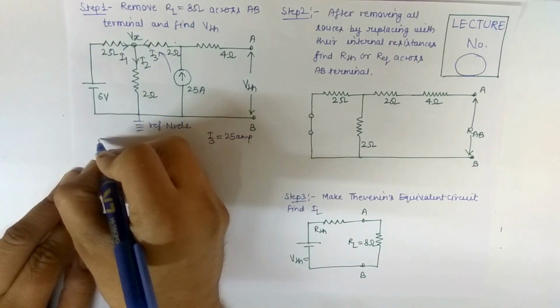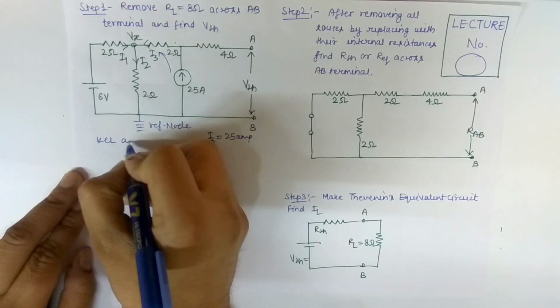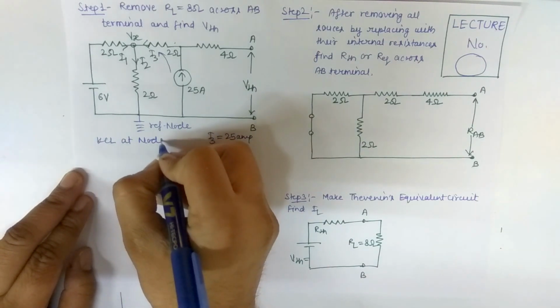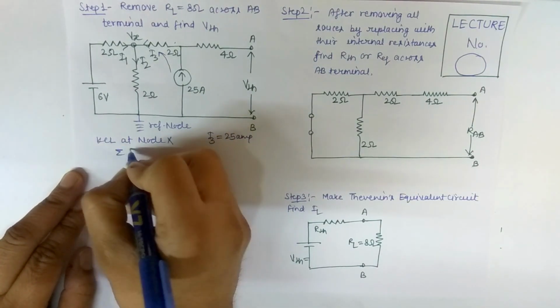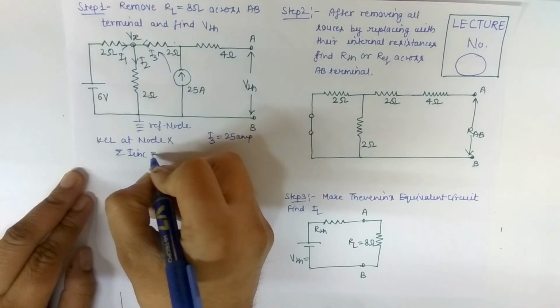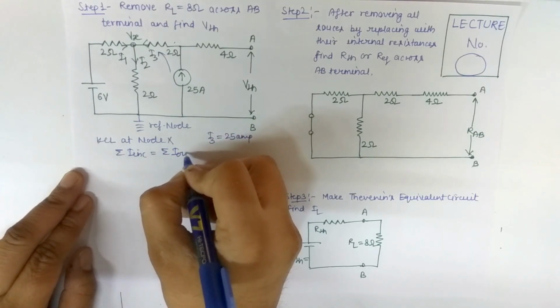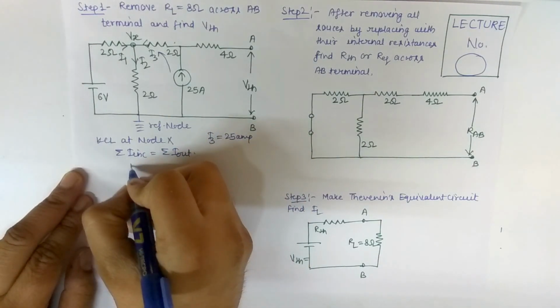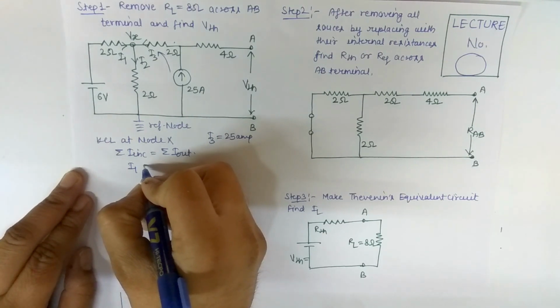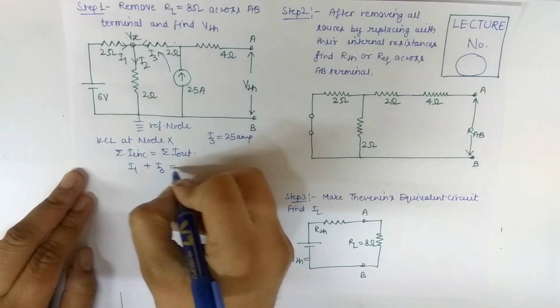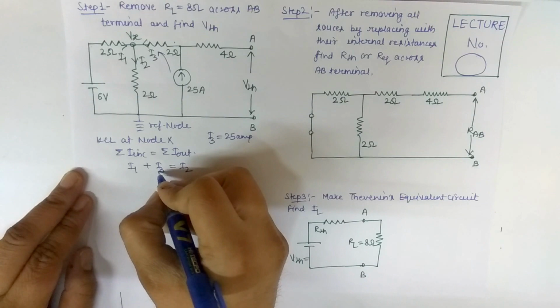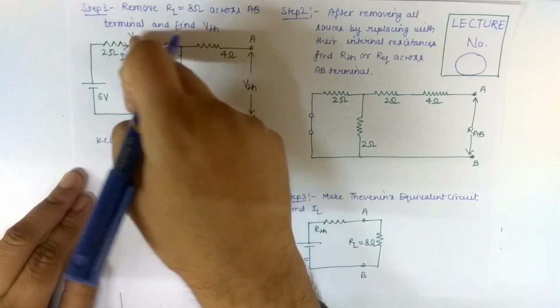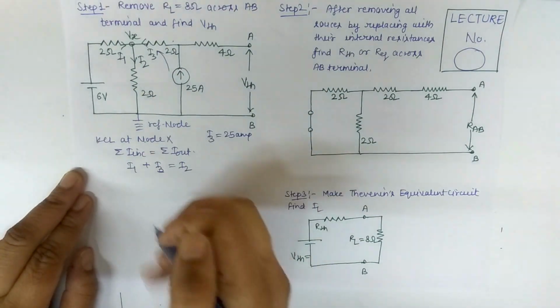Apply KCL at node X. All incoming current is equal to all outgoing current. Incoming is I1 plus I3, which is equal to I2. So I1 plus I3 is equal to I2.